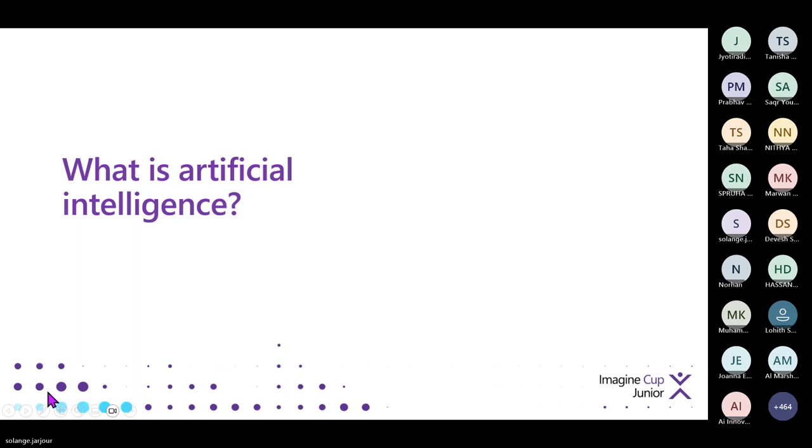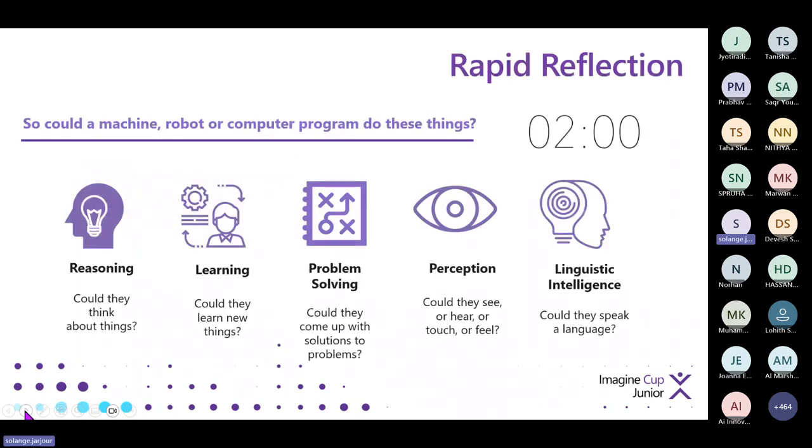Amazing. Perfect. So, as you mentioned, when the machine is also capable of thinking or reasoning, when the machine is capable of learning, then it falls under artificial intelligence.